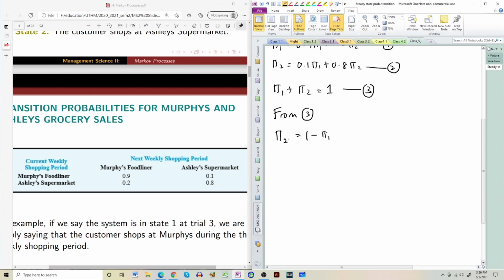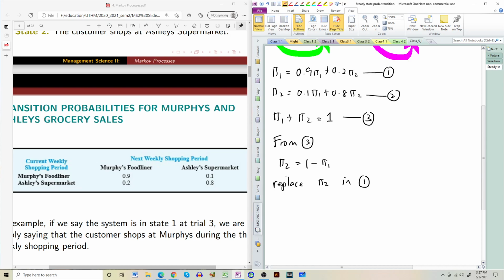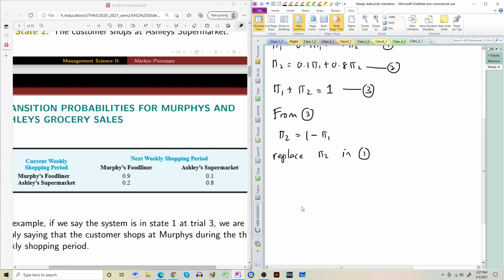So pi 2 is equal to 1 minus pi 1. Replace in 1. When you replace inside equation 1, you will get like this.